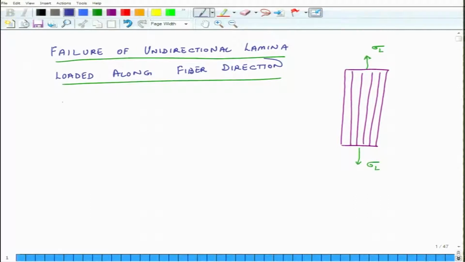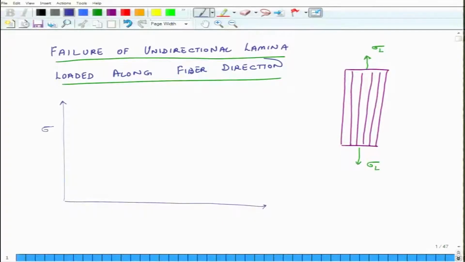So, just a very quick overview. In the last class we had discussed in detail how do fibers fail, how do matrices fail. So, we will very quickly review that and then extend that understanding to failure of this type of a composite.